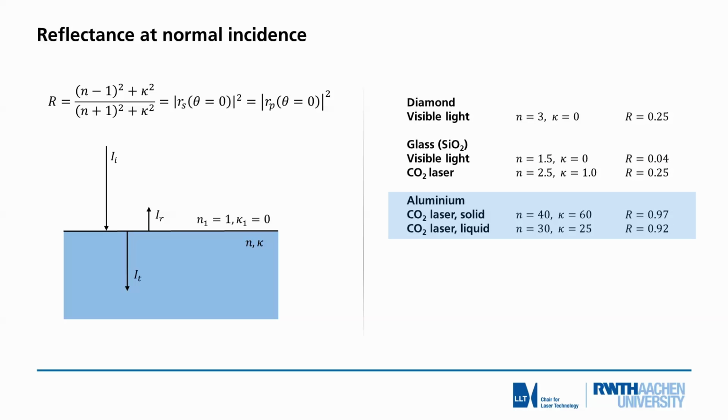And as we are very familiar with for metals, in this case at the example of aluminium, we have values of reflectance of the order of 90–95%. They are very shiny, they reflect the visible light. And if you look at values for solid or for liquid aluminium, we see that the values of index of refraction and index of absorption are between 25 and 40, so relatively very high values.